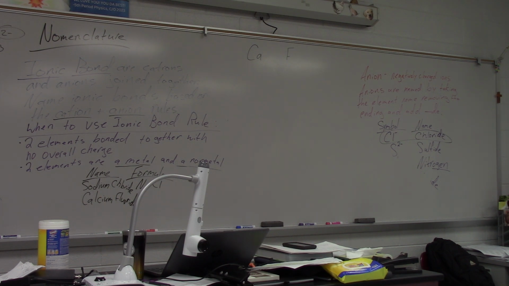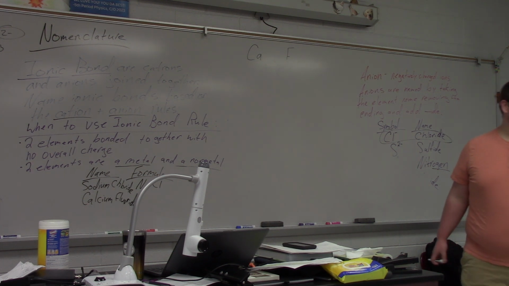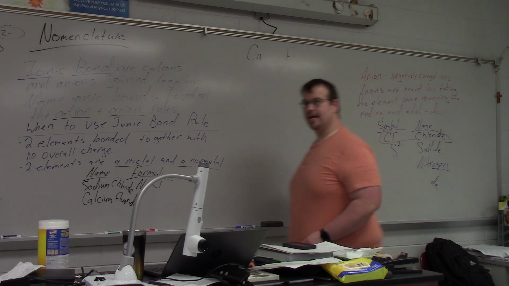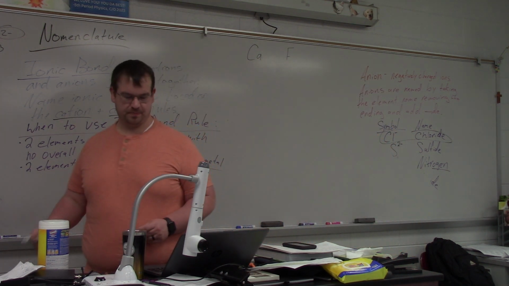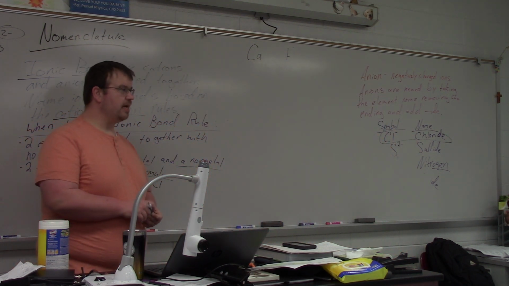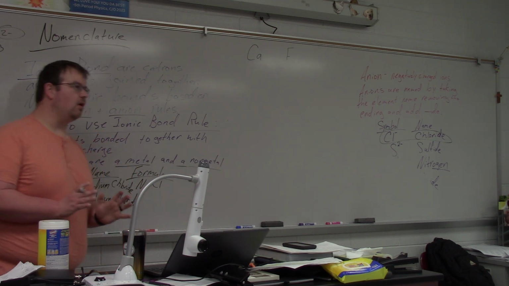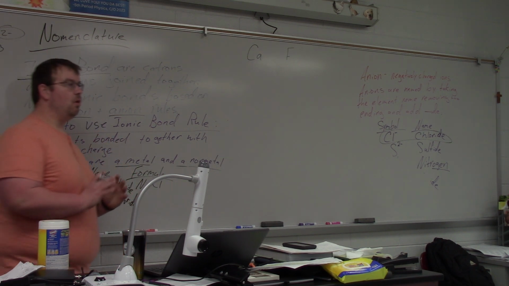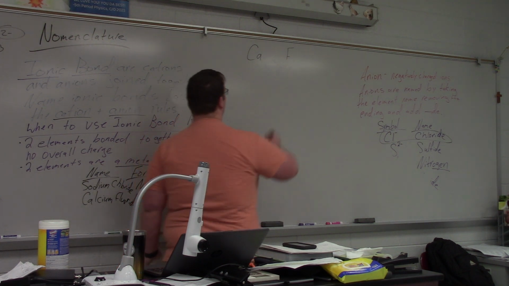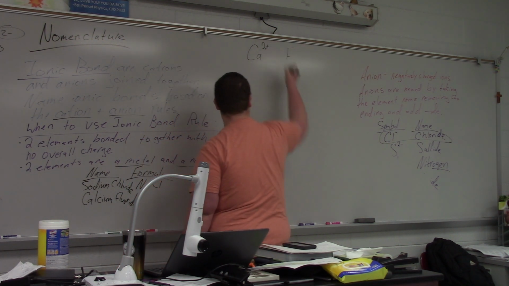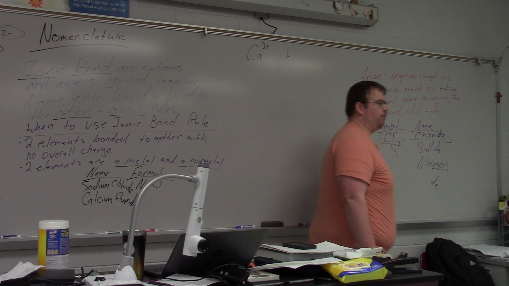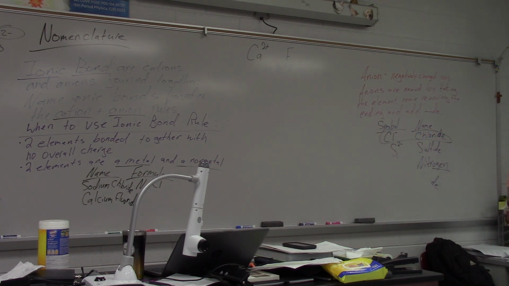You look at calcium, calcium's in what column? Second column. Since we're in the second column tells us we are going to have what charge? Second column forms a positive 2 charge.